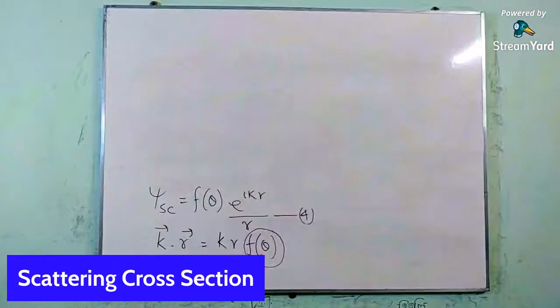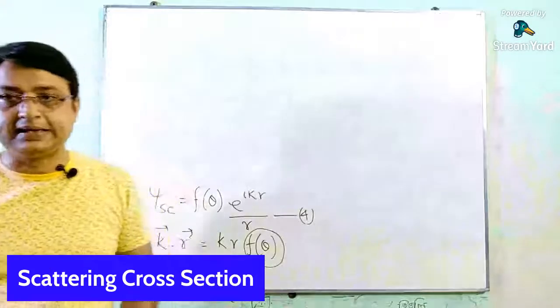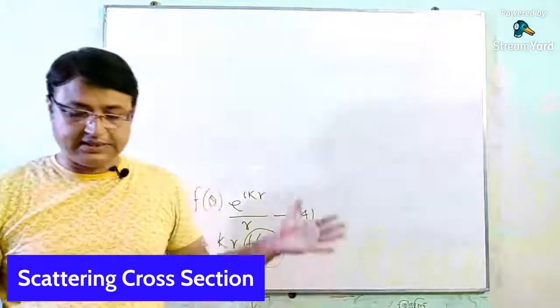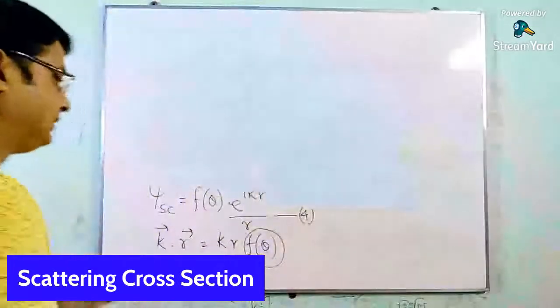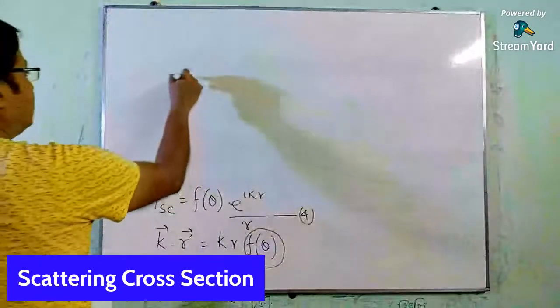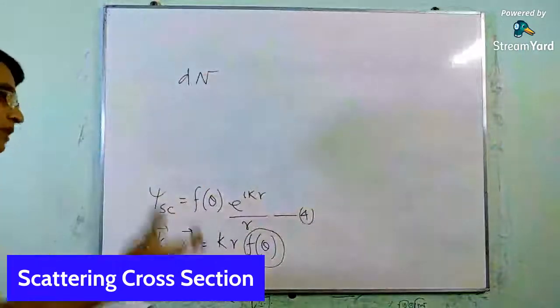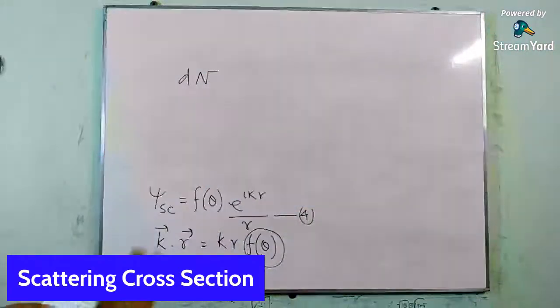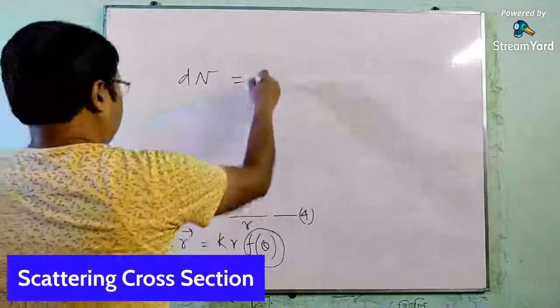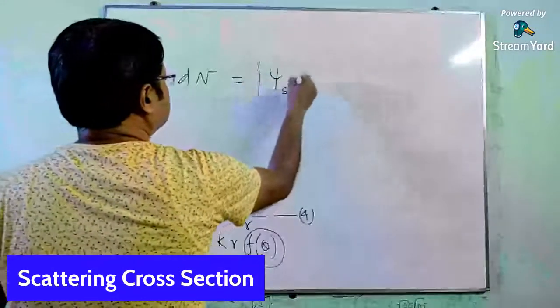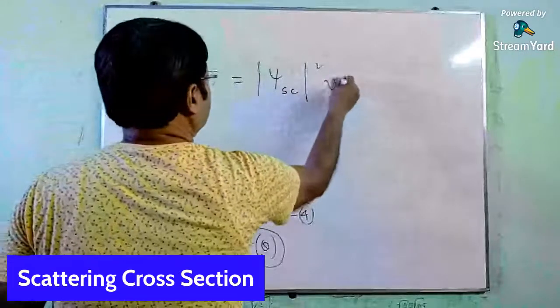So the number of particles which enter the collector or the detector placed at r, theta, phi per unit time would be given by dn, which should be mod psi sc square into v ds.